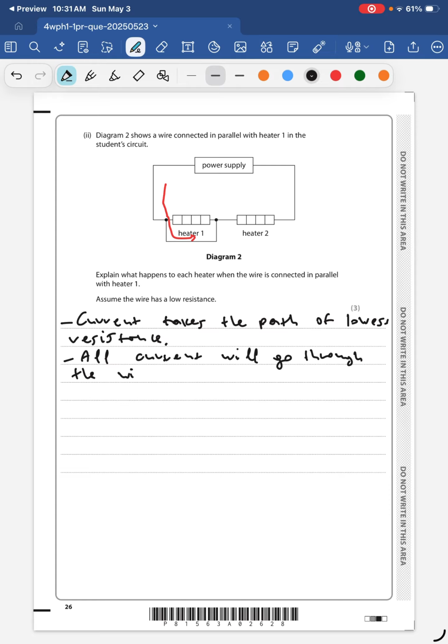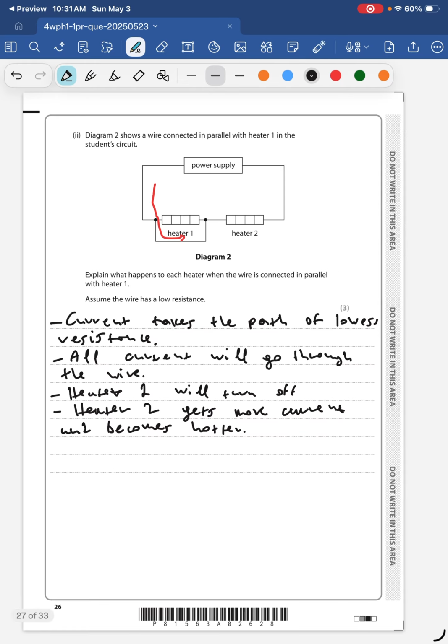Okay. Heater 1 will turn off. And then heater 2 gets more current and becomes hotter.